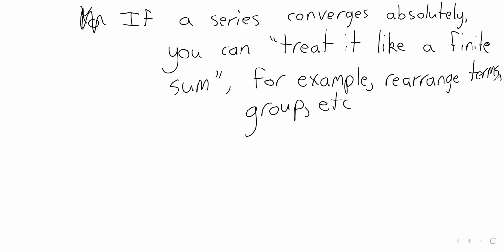I mentioned in the historical background of this material that mathematicians were working with infinite series long before they had any formal definition of convergence or divergence. And you might wonder how could they get away with that? And the answer is that the series they were working with were almost all absolutely convergent series. So the stuff they were naively doing worked.